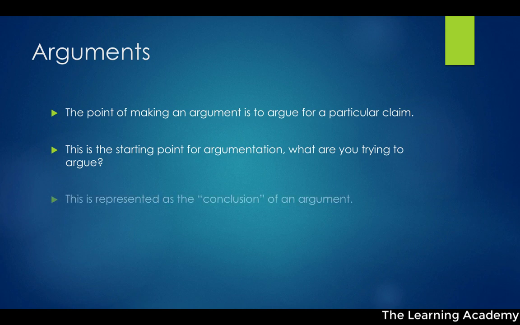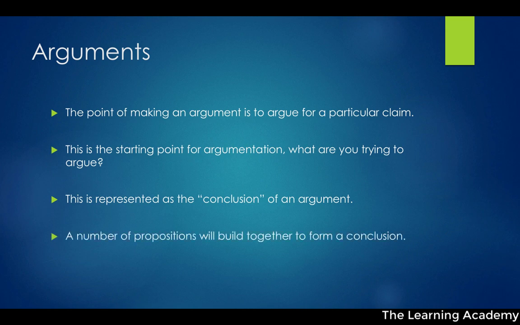And this can be represented as the conclusion of the argument. So the conclusion will be, I believe this is X, or this is true, or this is false. Okay, and then what we're going to do is we have to try and prove that conclusion by assuming a number of propositions. Okay, and these propositions have to logically entail the conclusion.